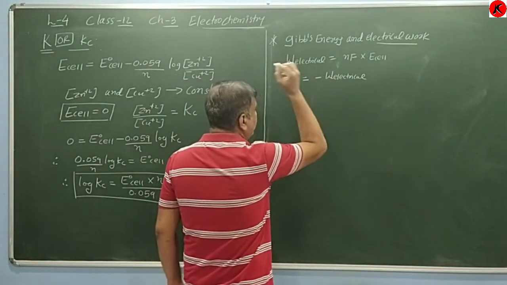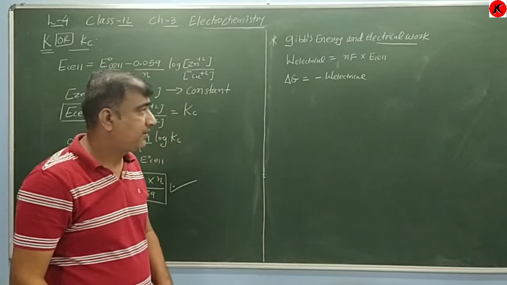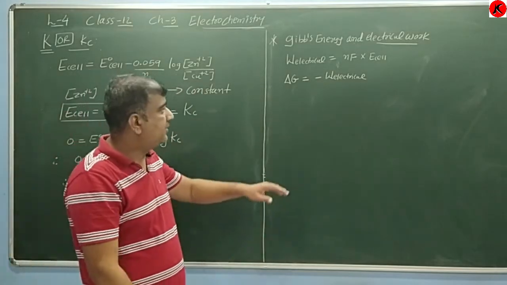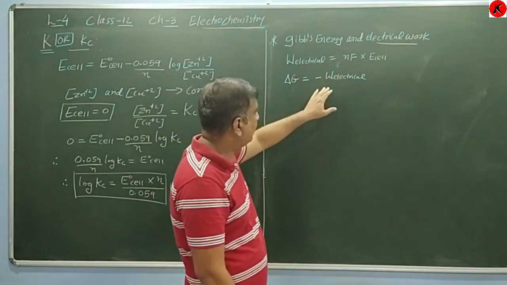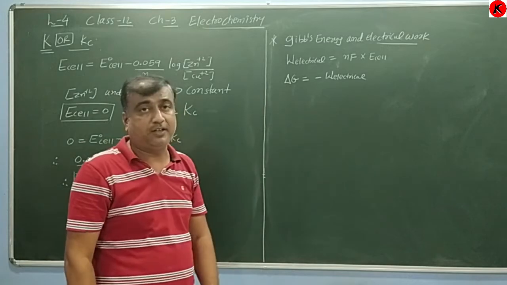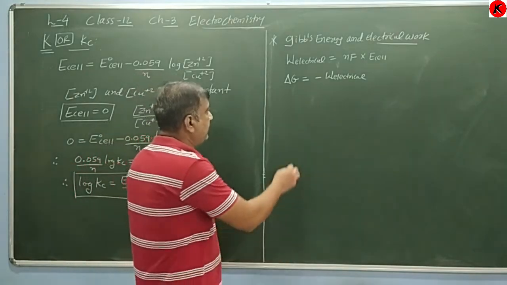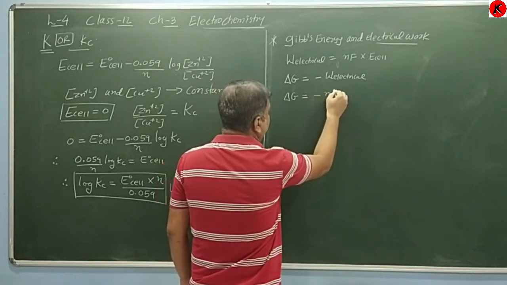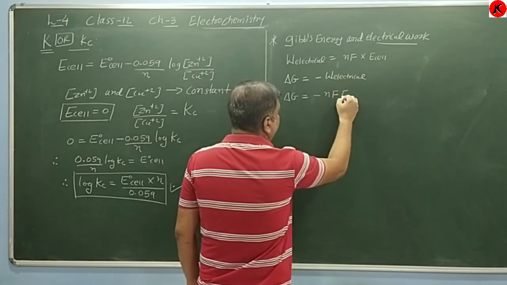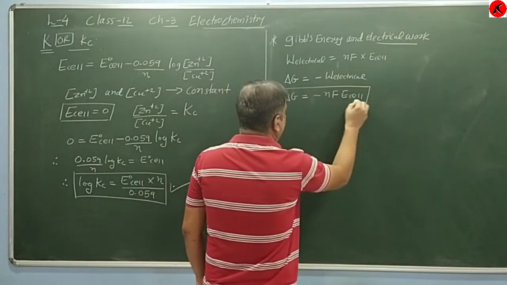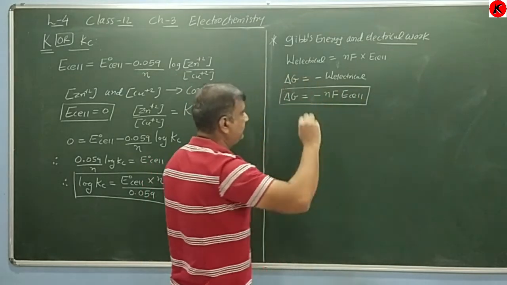So the work done in the system of the electrochemical cell is equal to the change in Gibbs energy, that means delta G equal to minus nF E cell. Substituting this value, this relation comes.